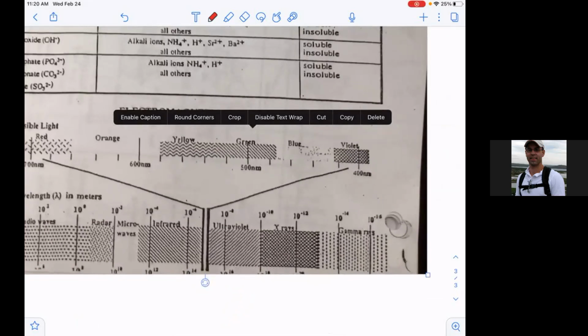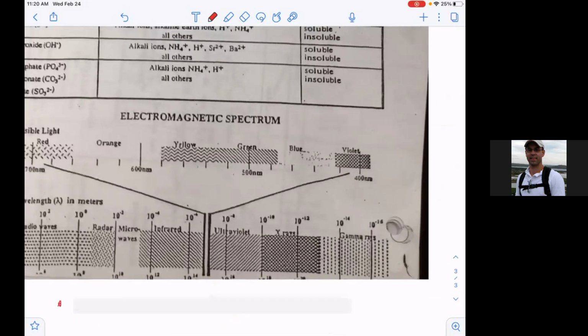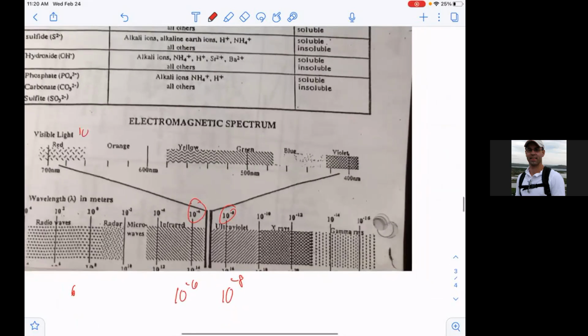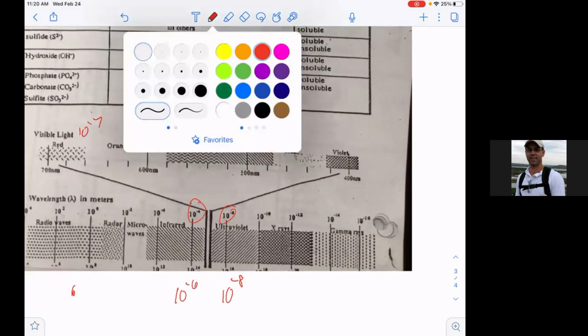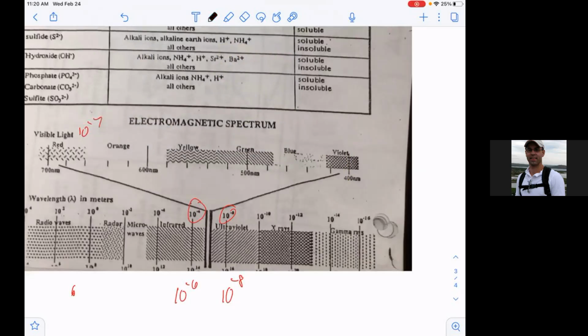I don't know if you can see this well or not, but that's 10 to the negative 6th. That's 10 to the negative 8th. So that means the visible spectrum is 10 to the negative 7. Okay. So 486, that's 400 right there. So 486 would be somewhere right about there.